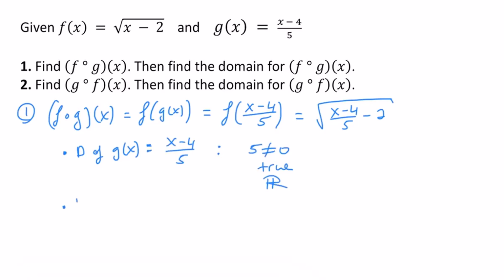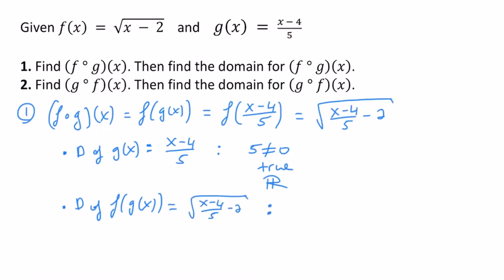The second step is the domain of f of g of x, which is what we found: the square root of (x minus 4) over 5 minus 2. So here we have a fraction and we have the square root.